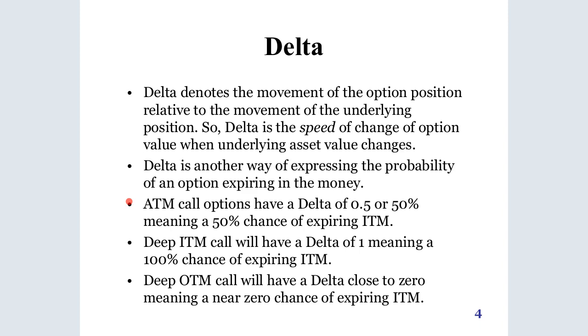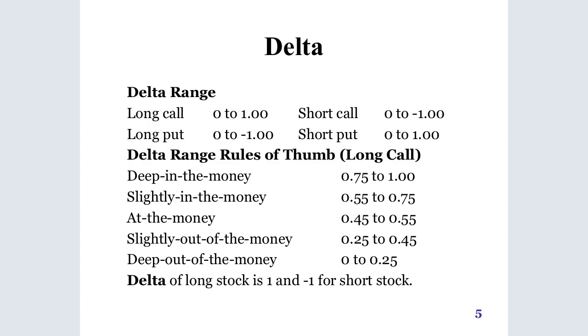A deep in the money call option, as we defined earlier, will have a delta close to 1, which means it will never be exactly 1, but it will have a close to 100% chance of expiring in the money. And by the same logic, a deep out of the money option will have a delta close to 0, which means it has a very low chance of expiring in the money.